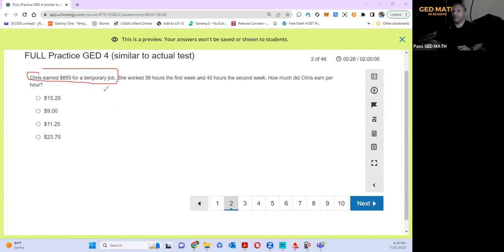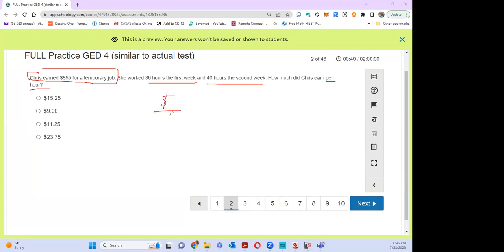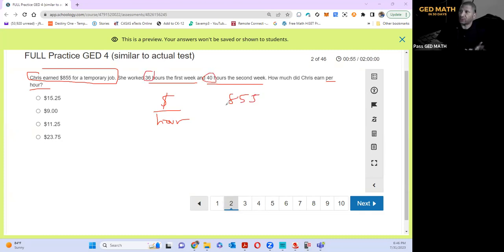She earned $8.55, 36 hours the first week, and 40 hours the second week. If you want to know how much they made per hour, this is the thing: dollars per hour. See what I just did? Dollars per hour. Per means division. So the amount of money I have is $8.55, and the total hours I worked was 76.